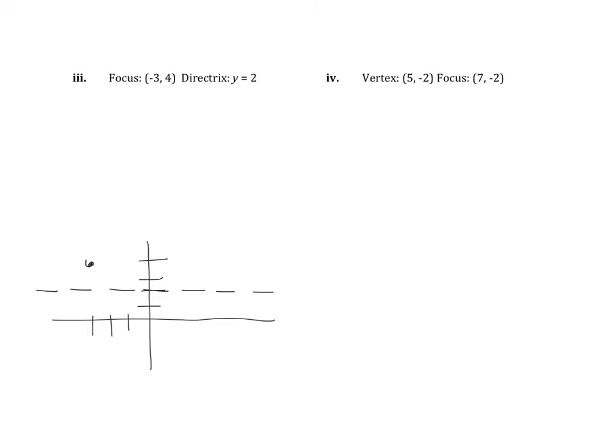Okay, so with no other information, what we can tell, because we have a horizontal directrix, is that this must be a vertical parabola, so a parabola where the x term is the one being squared. We don't know the vertex, but we should be able to conclude that it's opening up, so 4p is going to be positive.